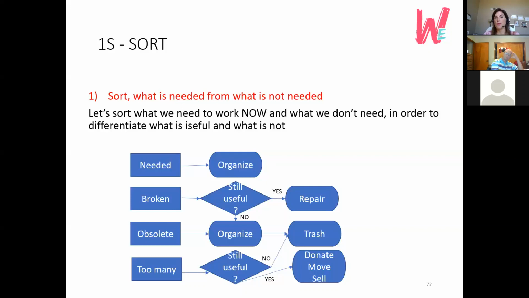Sometimes it happens that through time you keep adding new ones, or someone else puts it in your toolbox, or you change jobs and you keep adding extra tools. Just try to keep them at the minimum. What are the right ones that you need, and try not to have too many of anything.